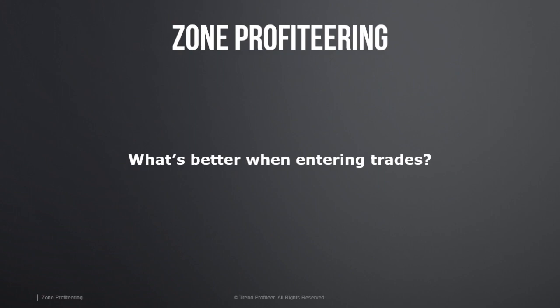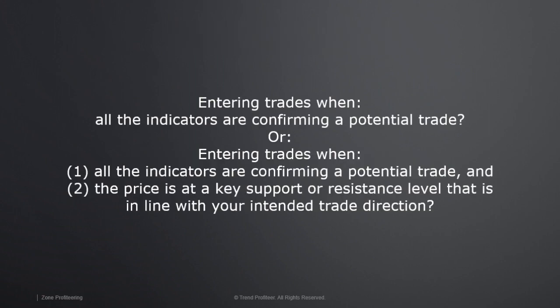What's better when entering trades? That's my question for today. Entering trades when all the indicators are confirming a potential trade, or entering trades when one, all indicators are confirming a potential trade, and two, the price is at a key support or key resistance level that is in line with your intended trade direction.